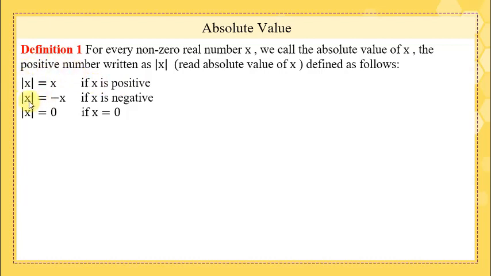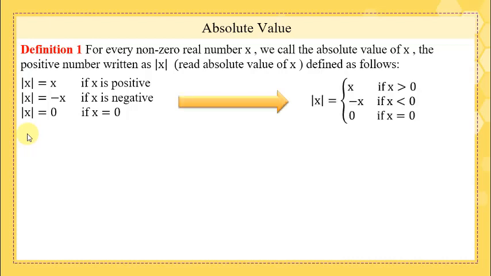Absolute value of x equals the opposite of x if x inside is negative. And absolute value of x equals 0 if x equals 0. We can write this information in another way.